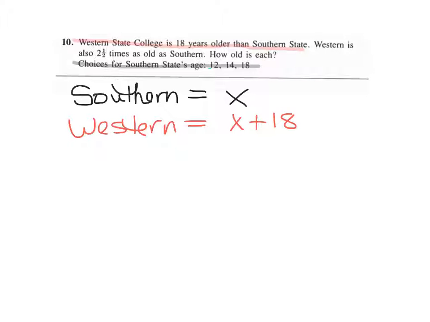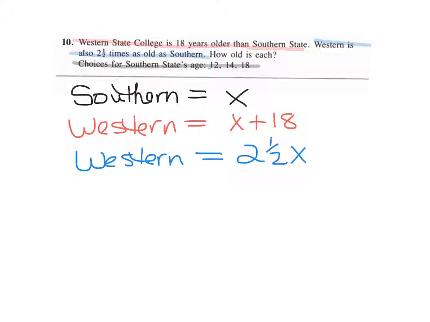But notice now, as I continue reading, they're giving me some more information about Western. It says Western is also 2.5 times as old as Southern. So this one's going to be set up a little bit differently. I'm going to again write what Western equals. And this time it says it's 2.5 times Southern.